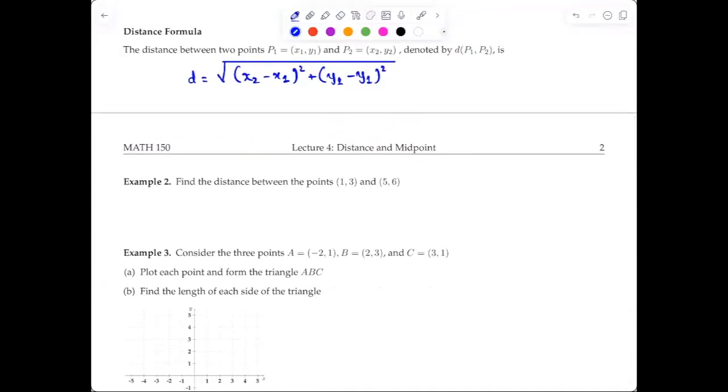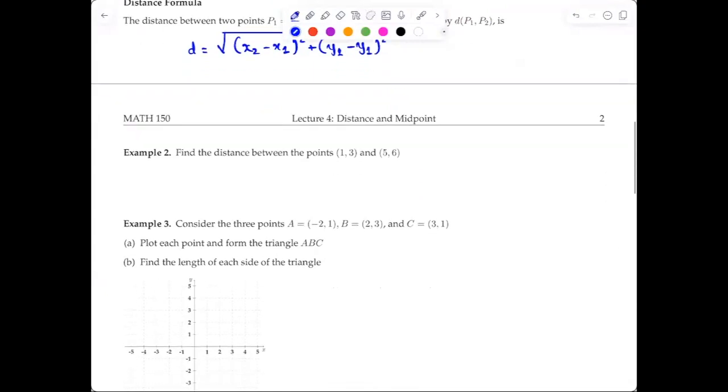Okay, so now let's do some practice. You are given two points, (1, 3) and (5, 6), and you find the distance between these two points. Here x1 equal to 1, y1 equal to 3, x2 equal to 5, and y2 equal to 6.